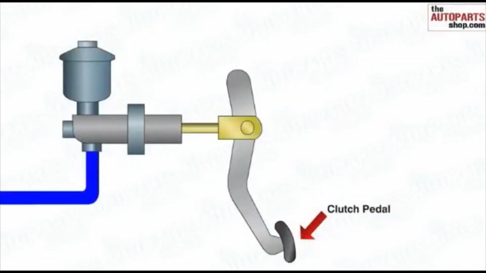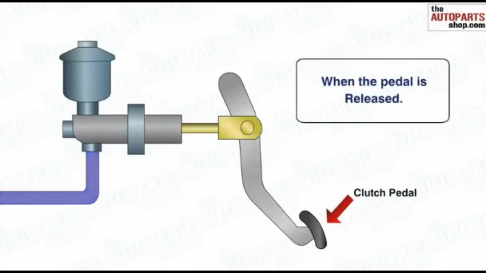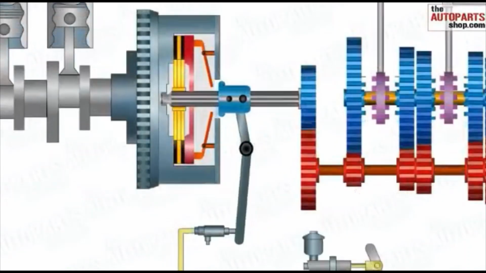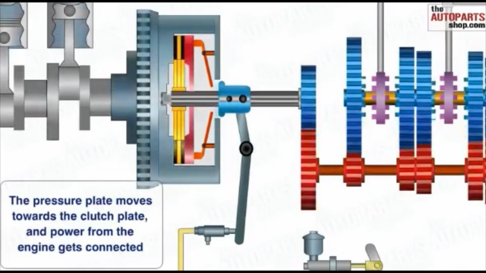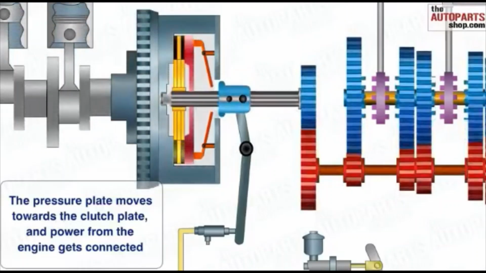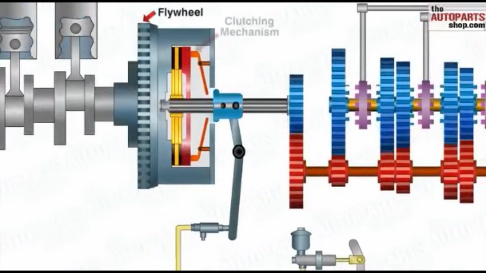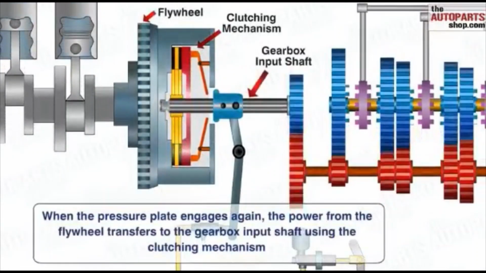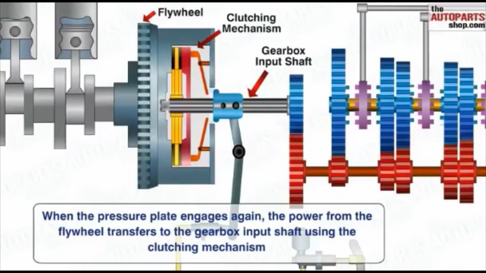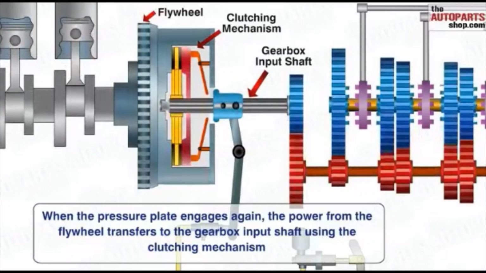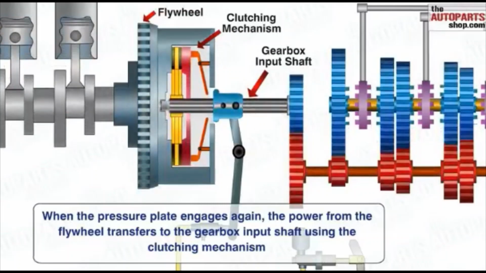Further, when the pedal is released, the pressure plate moves towards the clutch plate and power from the engine gets connected. When the pressure plate engages again, the power from the flywheel transfers to the gearbox input shaft using the clutching mechanism.